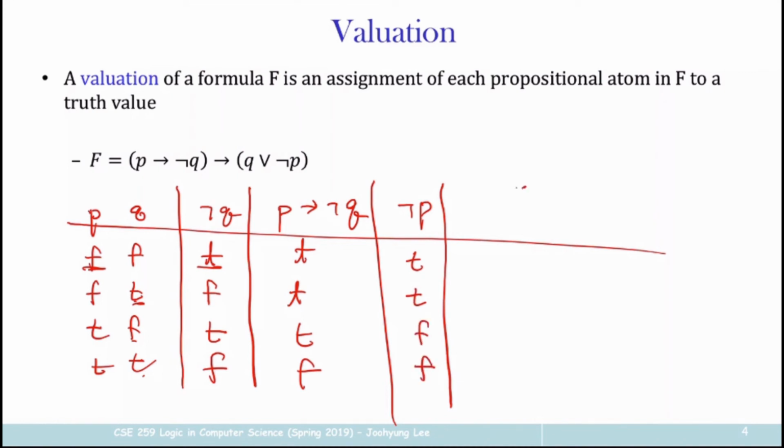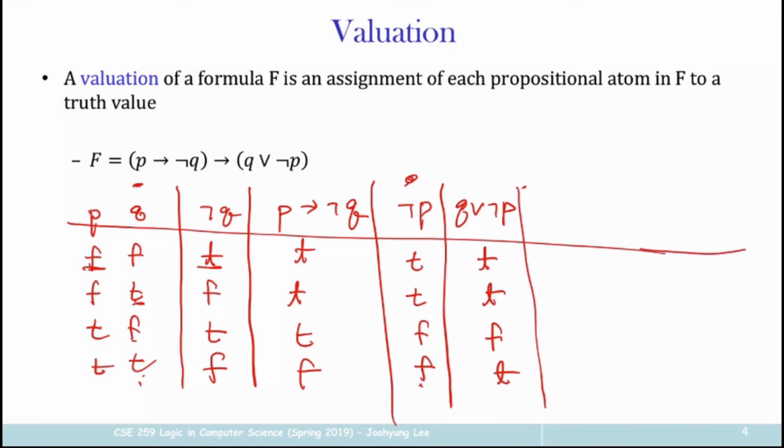And now let's talk about Q or not P. Look at this column and make a disjunction. What do we get? True, true, true, false, true. Just look at the two cases, and as long as you have at least one true, the returning value is true.